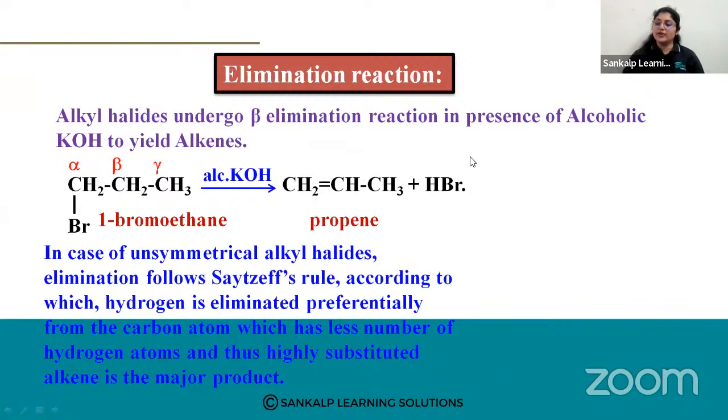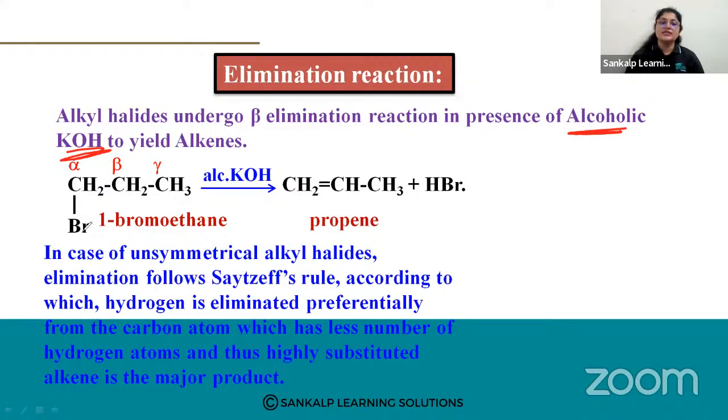Next we are going to discuss elimination reactions. What are elimination reactions? Alkyl halides undergo beta elimination reaction in the presence of alcoholic KOH to yield alkenes. What is beta elimination? From the beta carbon, the hydrogen is eliminated. So alkyl halide undergoes beta elimination in the presence of alcoholic potassium hydroxide.